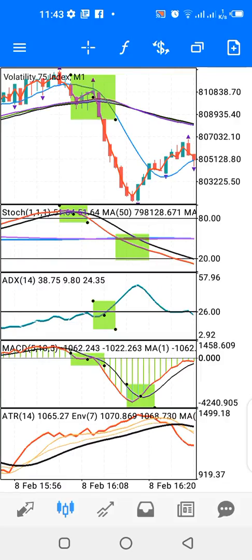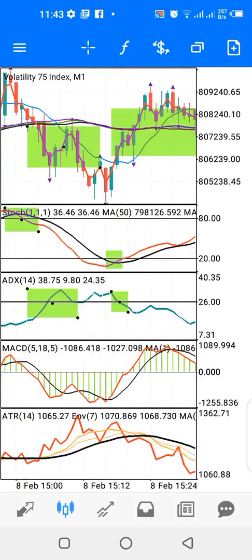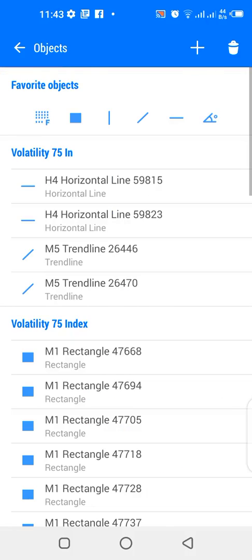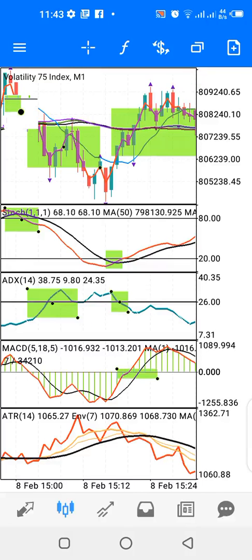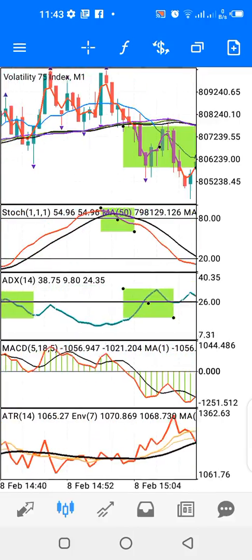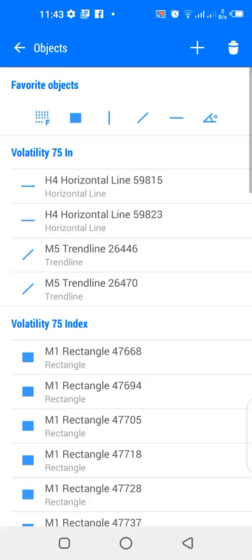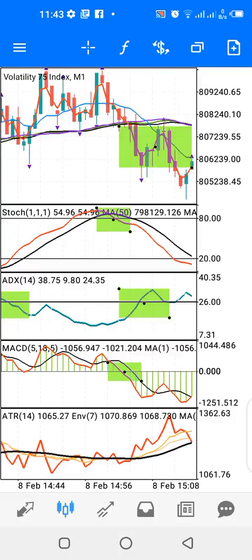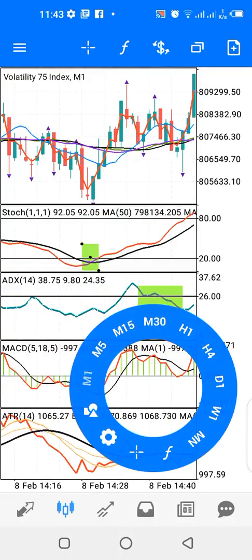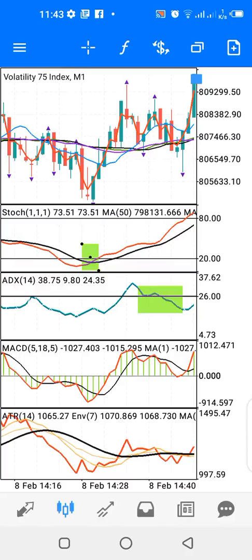That's your confirmation to sell. And when it crosses above the zero level, confirmation to buy. When it crosses below the zero level, confirmation to sell. Crosses above, confirmation to buy.